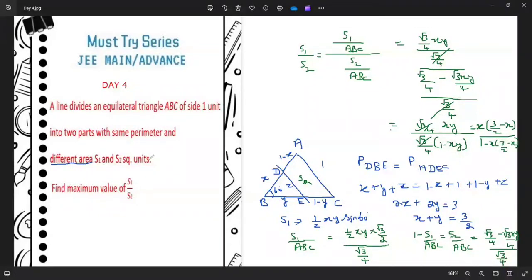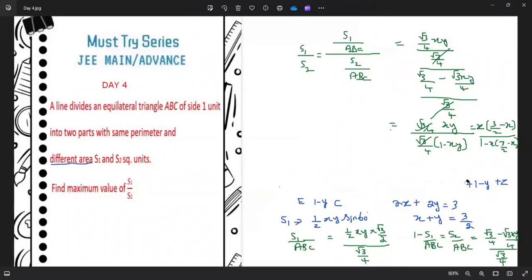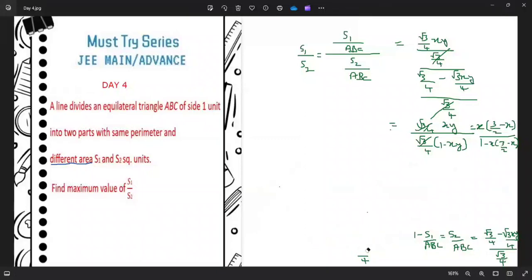Then the question is talking about the maximum value of S1 by S2. The words maximum, minimum and all are associated with calculus, differentiation. We will simplify this and then see what will happen to the maximum value of this particular expression.